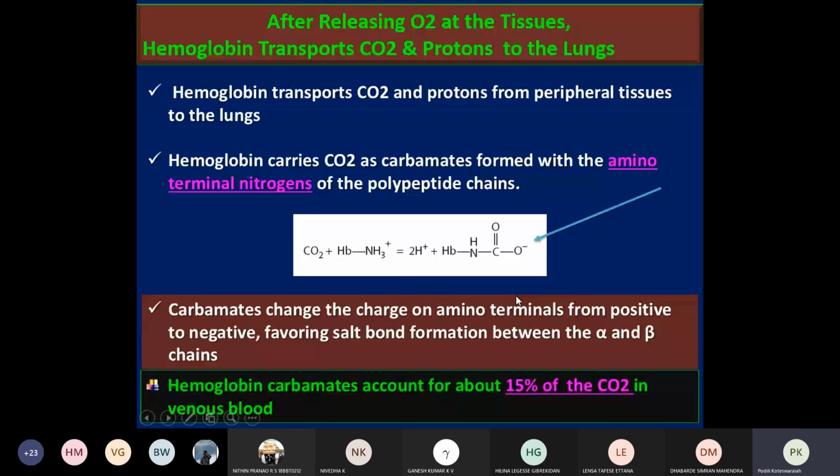And you can also see here that the carbon dioxide produced in the tissues also reacts with the amino terminal nitrogen of the polypeptides of the hemoglobin. As a result, the carbamate is formed, and 15% of the carbon dioxide is transported in this carbamate form.